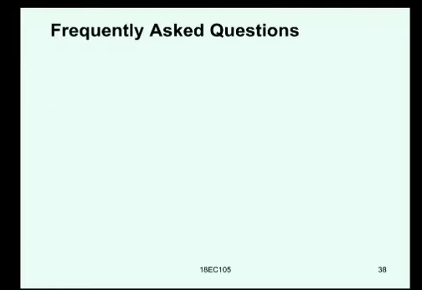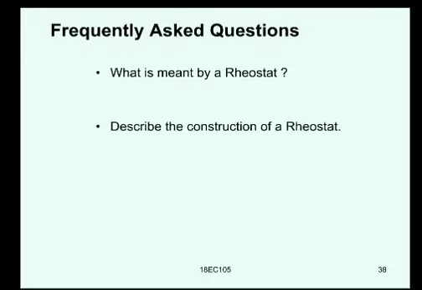Now let us see the frequently asked questions in the topics we have seen so far. What is meant by a rheostat? Then describe the construction of a rheostat. That means we have to explain the constructional features of a rheostat, like the cylindrical ceramic tube, copper wire, wiper, and some others are toroidal type along with the wire wound.